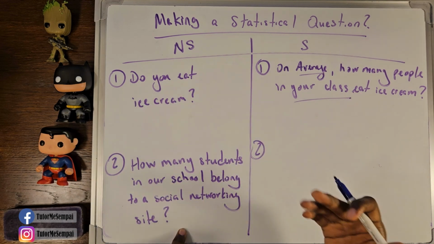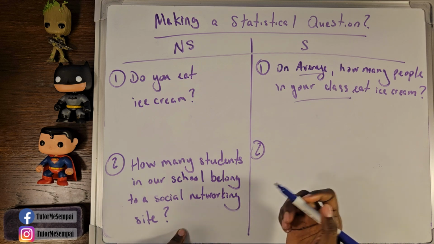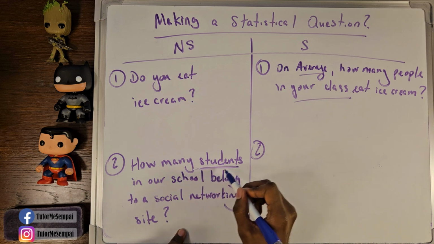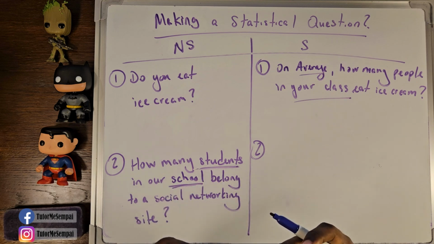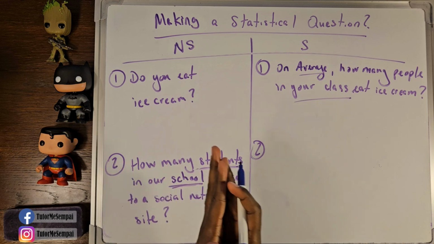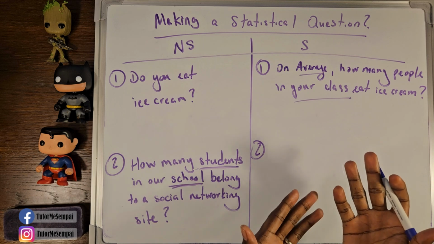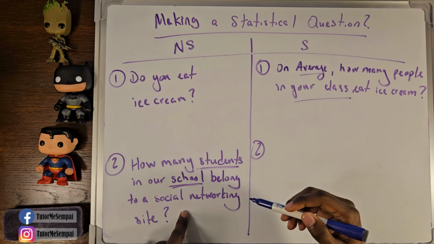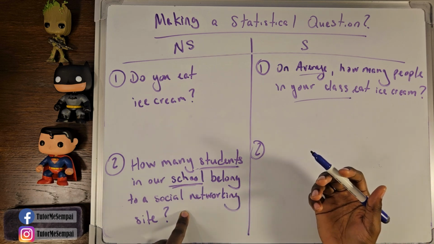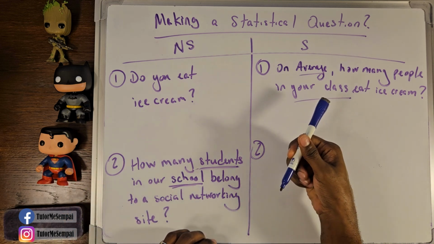How about this one? How many students in our school belong to a social networking site? Well, you already have the pool here. You're looking at students in your school, so you're already asking a lot of people. But remember, we said that you're just going to be getting the same response. You're counting up all the yeses. So that's not really varying. So how do we change the context so that it varies? Well, I've already given you a hint with our previous example.